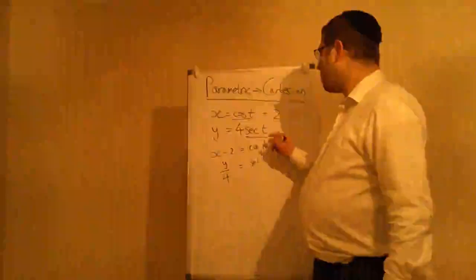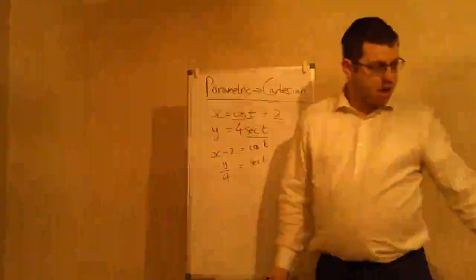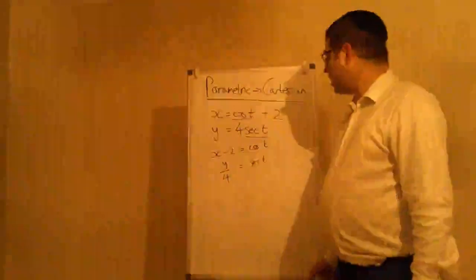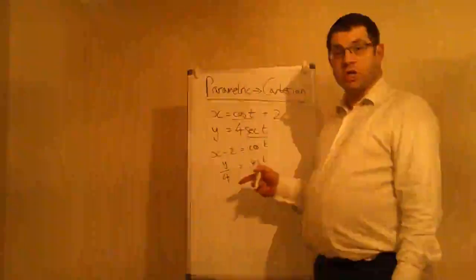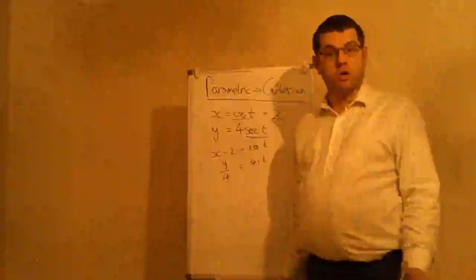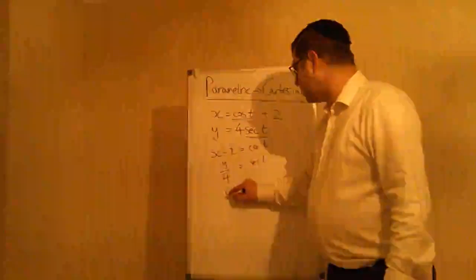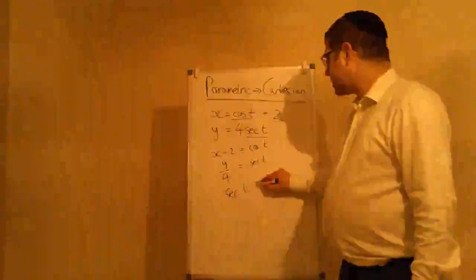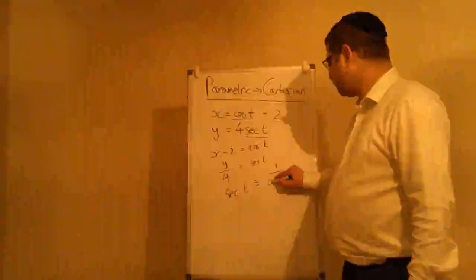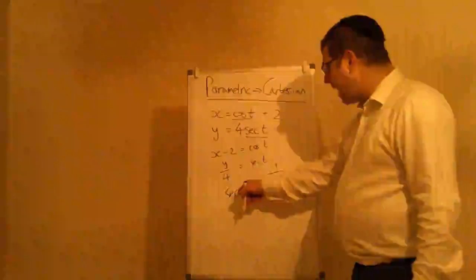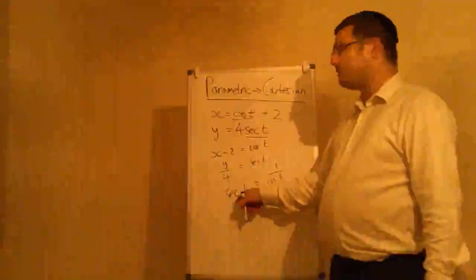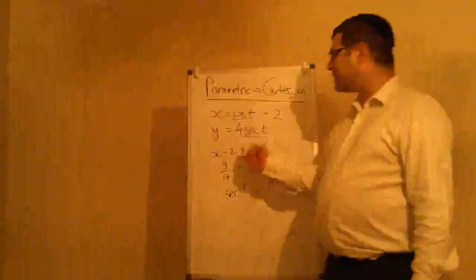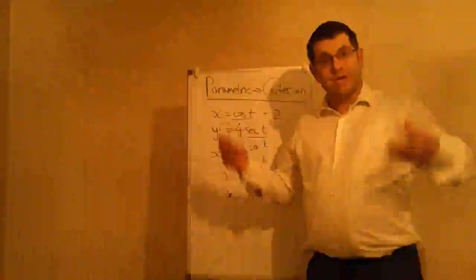So we've got cos and sec in this problem, and how can we relate cos and sec? Well, by the definition, sec is 1 over cos. So I'll just use the formula arising from the actual definition, sec is 1 over cos, and then replace our equivalent expressions for sec and cos, and then t will go, and we'll be able to get y and x related.